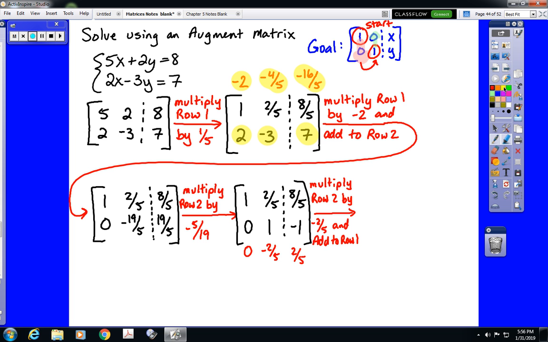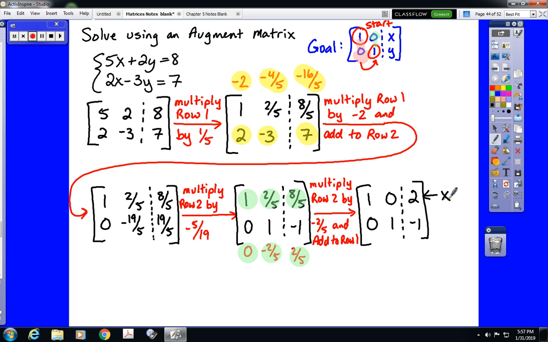And then we're going to add those numbers to the numbers in the first row, which will result in a system 1, 0, 8 fifths plus 2 fifths is 10 fifths, which is 2, 0, 1, negative 1.